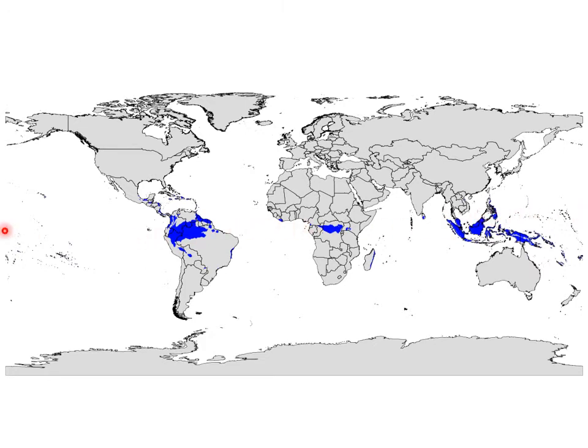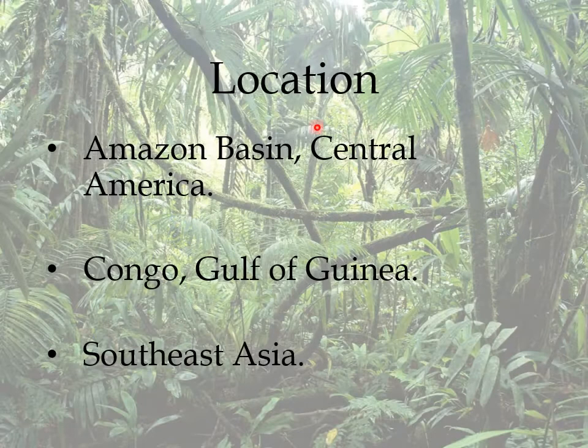Remember that because of the distribution of the sunlight, they receive a great amount of insolation, they do not change through the seasons, and they have a lot of rain. So in the Amazon basin and in Central America, in the Gulf of Guinea in Africa, and in Southeast Asia, which are these equatorial parts.